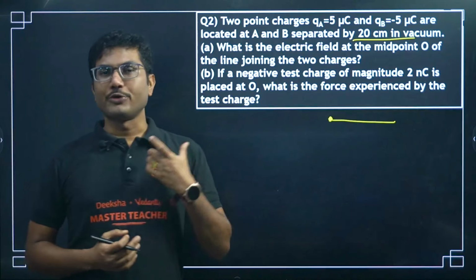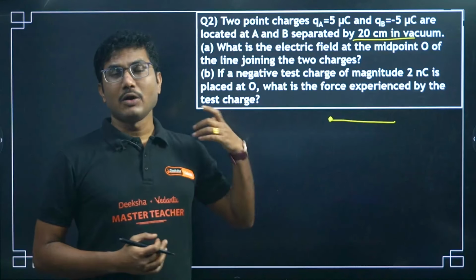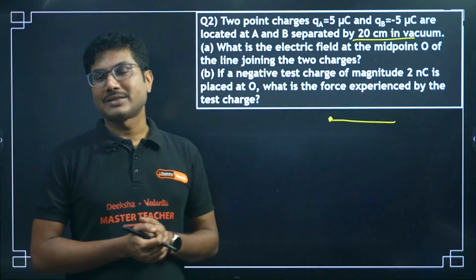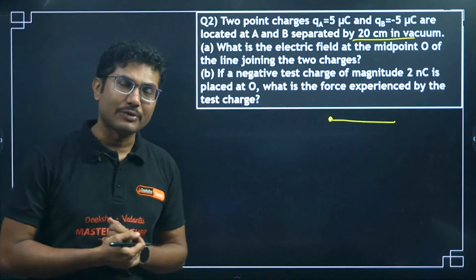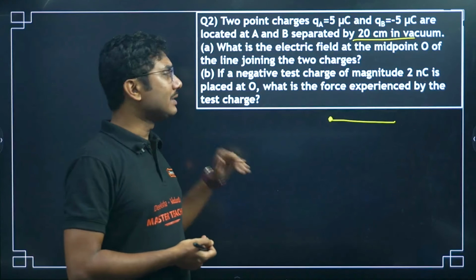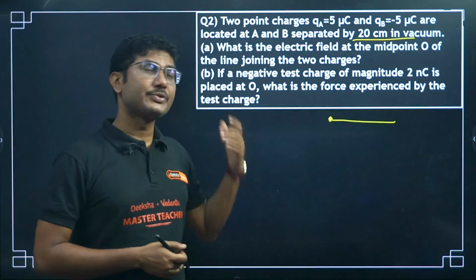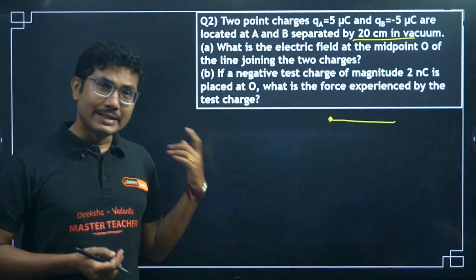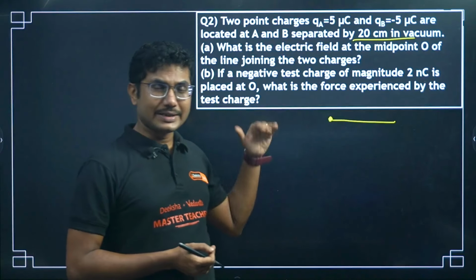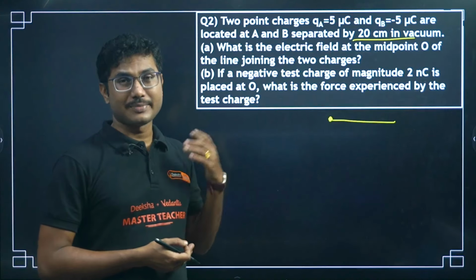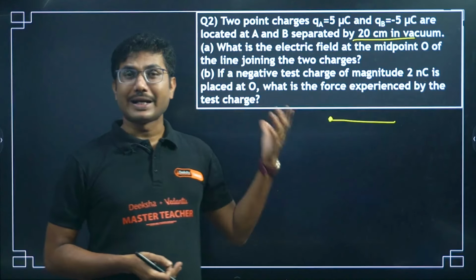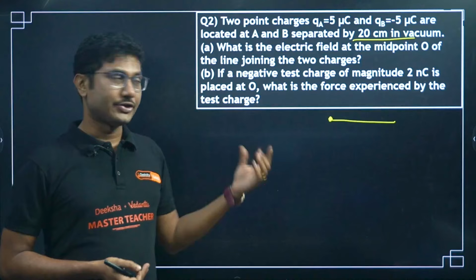Secondly, try to put the equations properly, and minimize the calculation as much as possible. At the last step of your calculation, use the calculator if required. Otherwise don't use the calculator in each and every step, except in alternating current, where you have to use calculators in each and every step. Otherwise, in normal cases, try to avoid the calculator as much as possible and use it at the last step of the question.